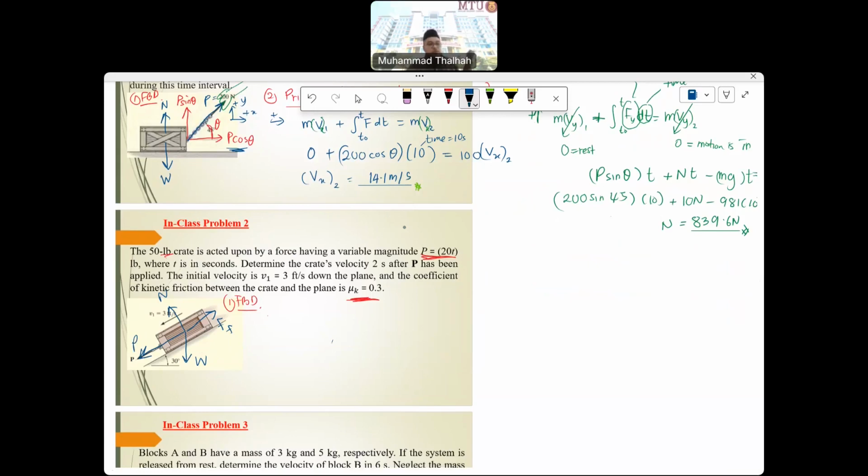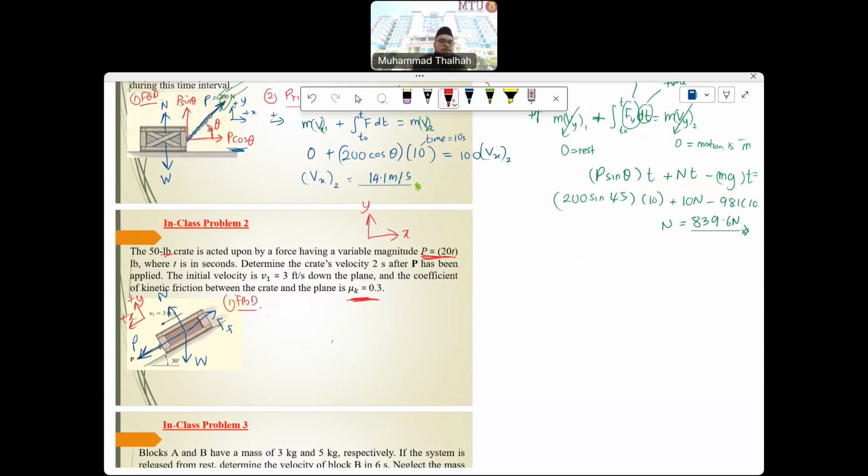Do we have anything else? No, right? So let's conveniently place our coordinate system based on the inclined plane's direction. This is going to be positive X, and this is going to be positive Y. You can do your conventional X and Y, but that's going to make your life a bit harder. You have to resolve all the forces based on the correct angle.